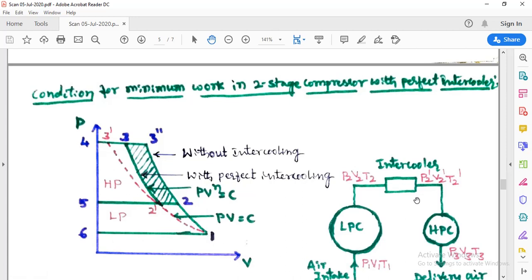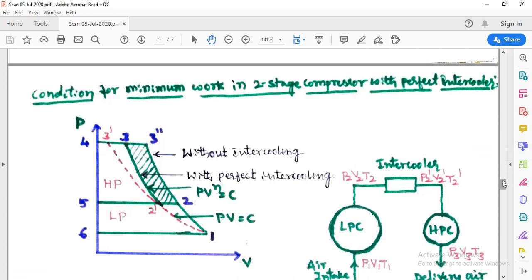And with intercooler, the work done in the HP cylinder is 2 dash, 3, 4, 5, 2 dash. See here, this much area is reduced. It means the amount of work done is reduced. It is nothing but this much of power consumed by the compressor can be reduced.